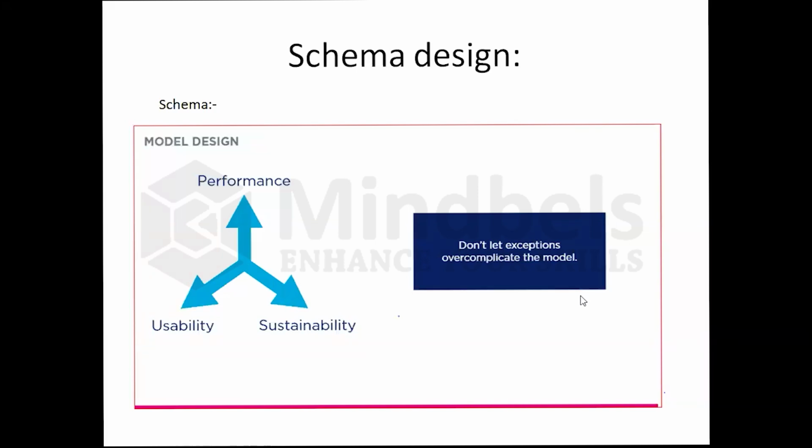Because if you overcomplicate your model just to handle an exception, your performance can be impacted, your usability of the model can be impacted, and your sustainability can be impacted. All these key factors might get impacted if you are overcomplicating it.